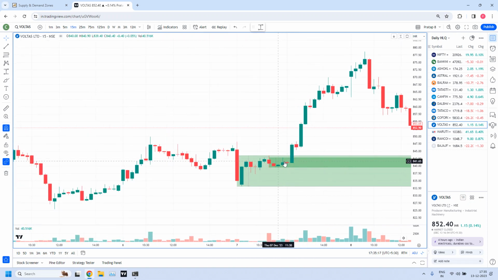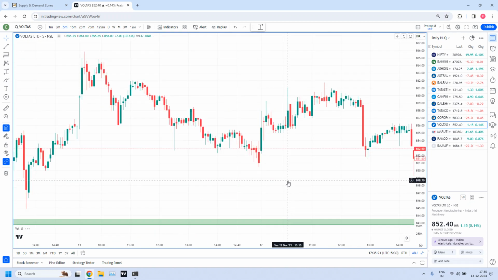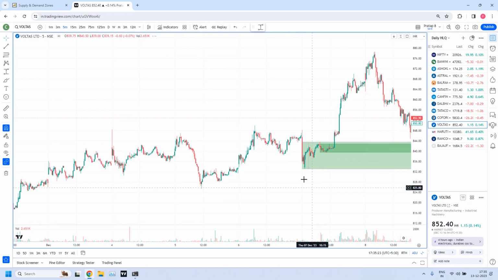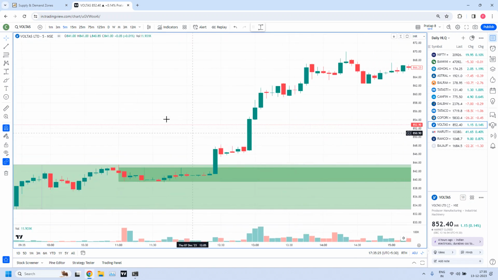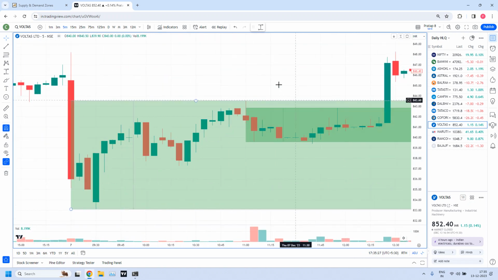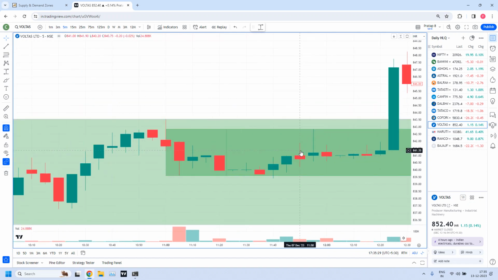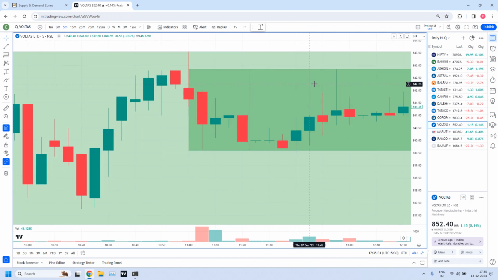And what I did to minimize the risk, I went to the 5 minutes. So here we have an ERC candle.